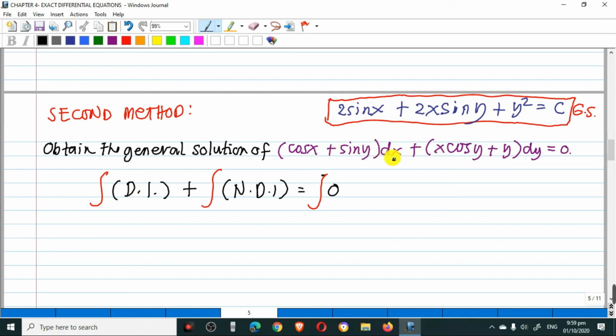So multiply dx into the terms inside the parentheses, and multiply dy into the terms inside the parentheses. Kumbaga, distribute lang natin before we proceed in selecting the direct and non-direct integrable.